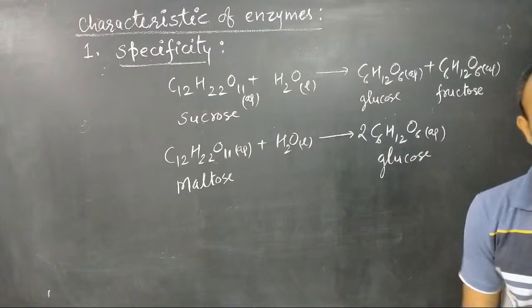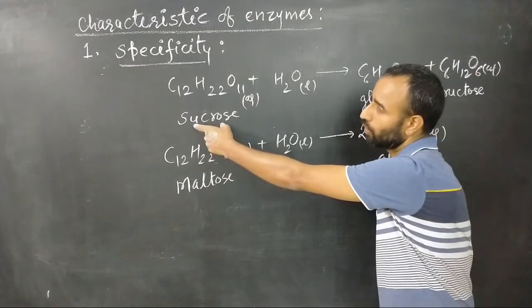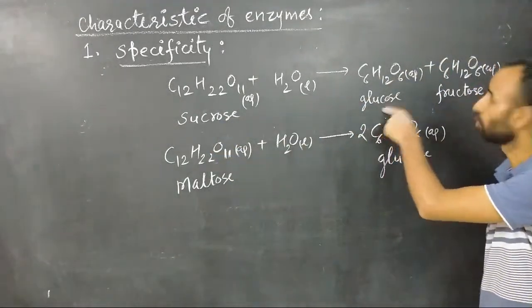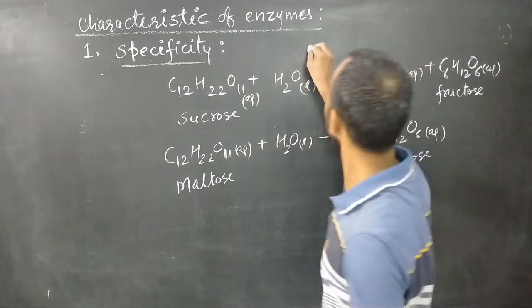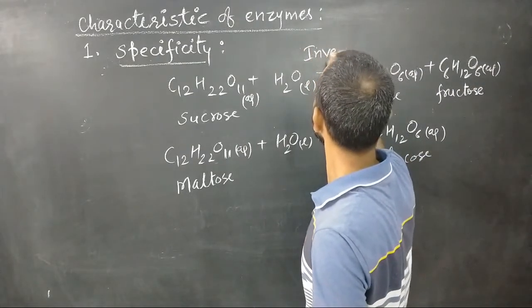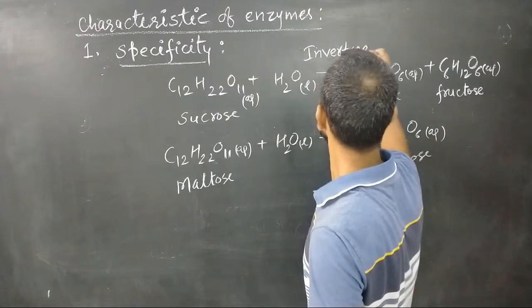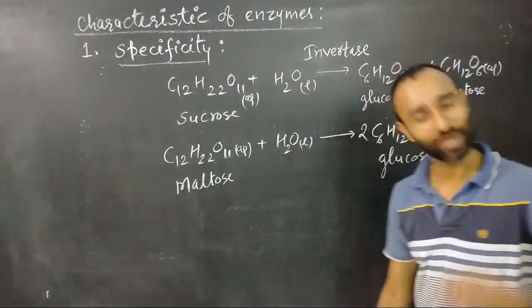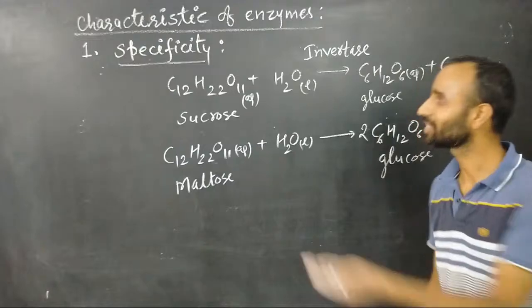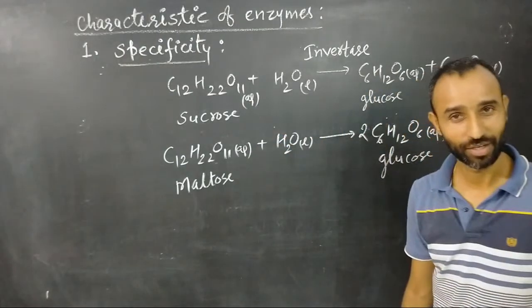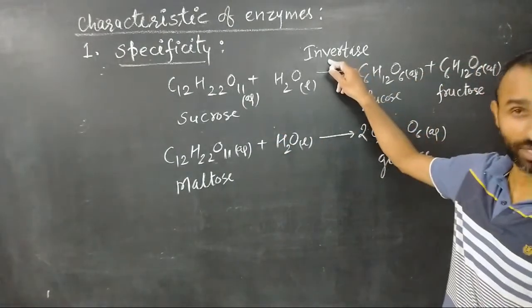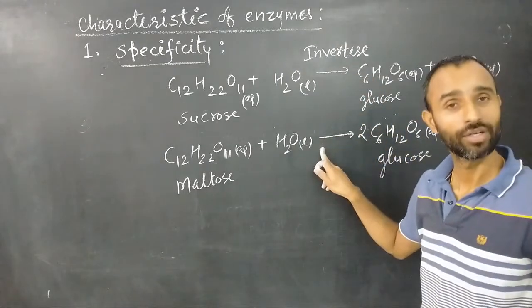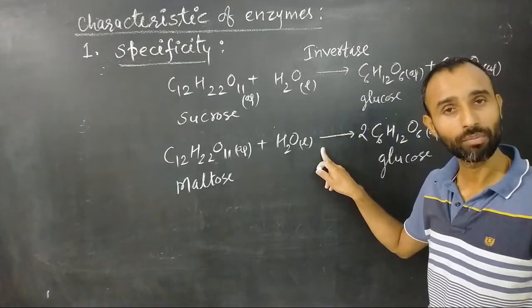So for first reaction to convert sucrose into glucose and fructose, we use invertase enzyme, right? Invertase enzyme catalyzes this hydrolysis. But same invertase cannot catalyze hydrolysis of maltose.